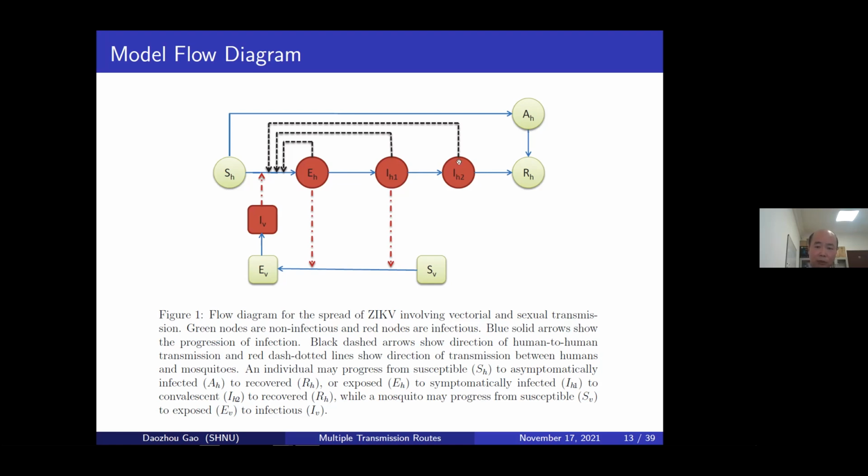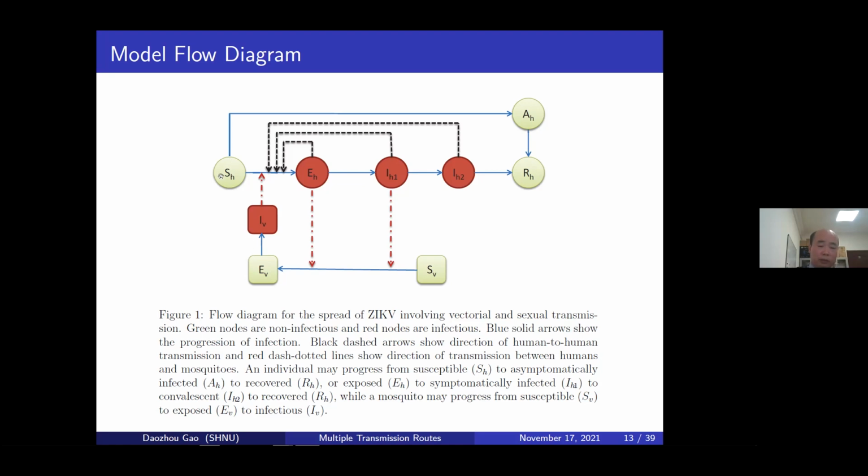So during the convalescent stage, they can sexually transmit the disease to their partners, but they cannot transmit the virus to mosquitoes, because mosquitoes biting humans feed on blood.